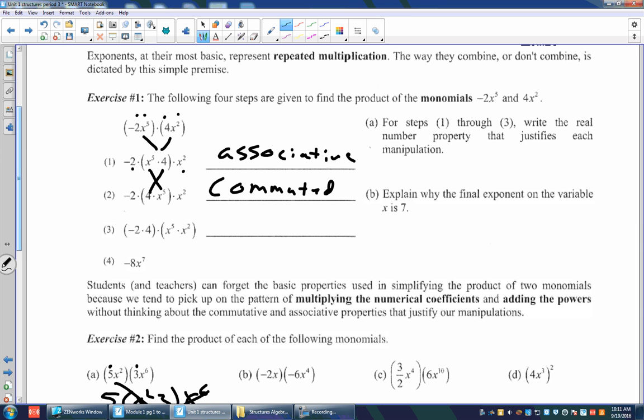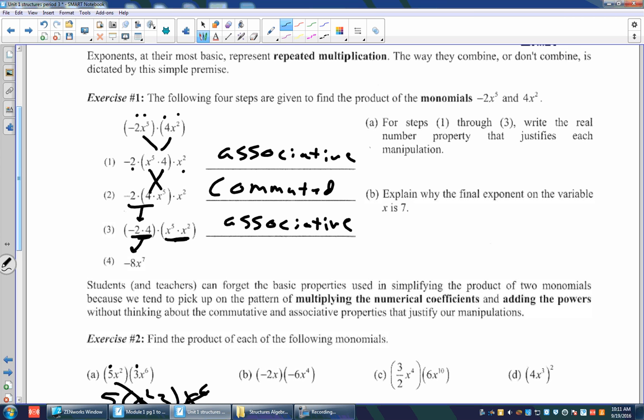So here, it looks like we just regrouped. We're going to multiply the -2 and the 4 together. So when we regroup, it's the associative property of multiplication. Now why we can do that, and we get -8. Why is that a 7 is this next part.